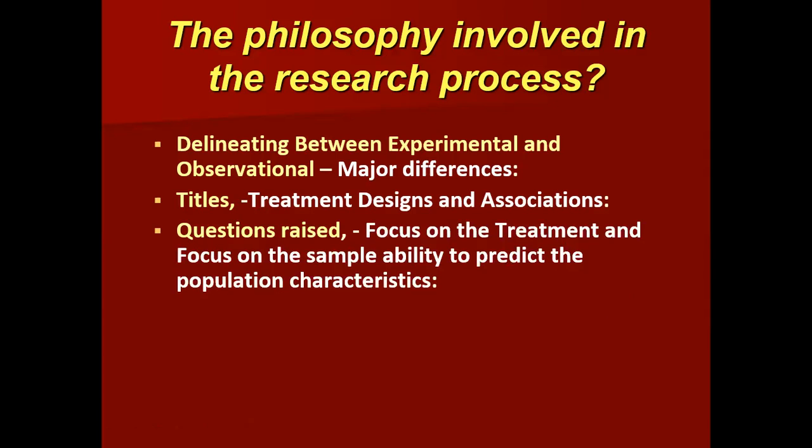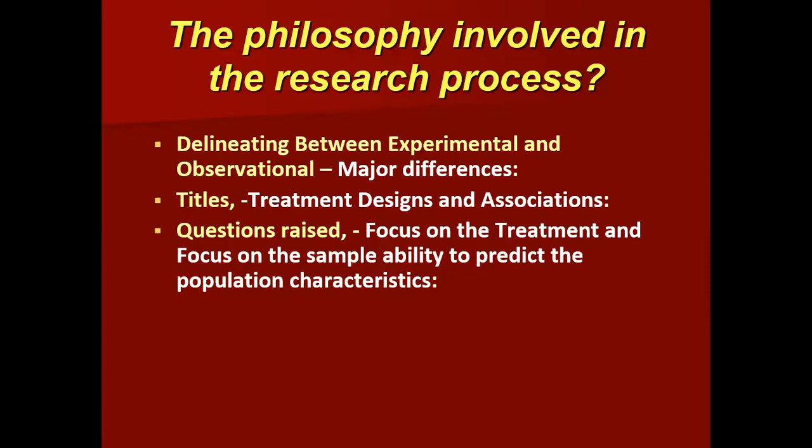For experimental design, the question raised focuses on the treatment, all right? And the observational design focuses on the sample's ability to predict the population characteristics. So in the experimental design, we are testing the efficacy of the treatment that has been developed.